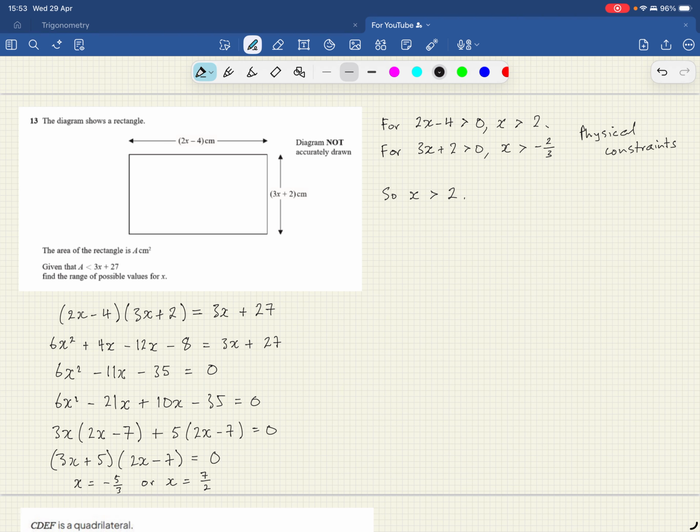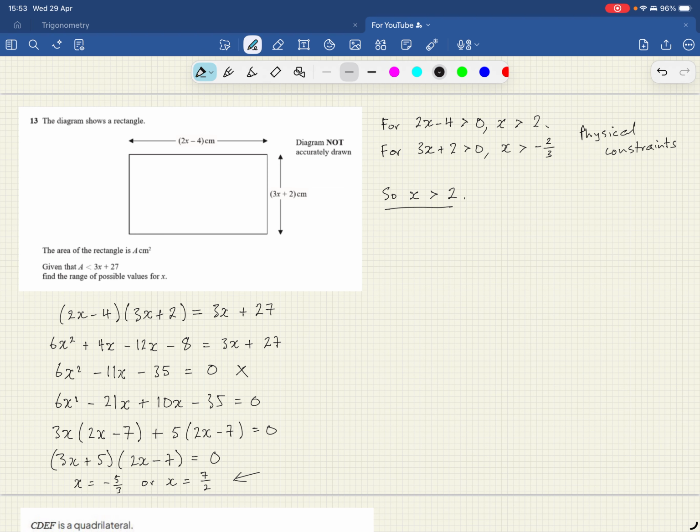Now my quadratic here says that x can go anywhere from minus 5/3 up to 7 over 2, which is 3.5. But the world says that x has got to be greater than 2. So what I've got here is this sort of number line. Let's have a quick look at the shape of this quadratic.